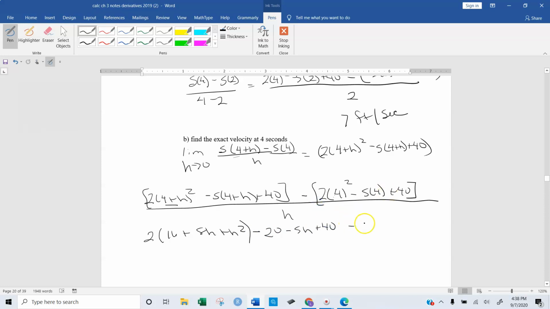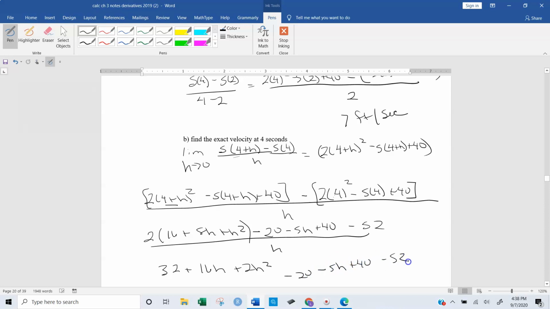This whole thing back here equals 52 all over h. Let's distribute our 2. And we have 32 plus 16h plus 2h squared minus 20 minus 5h plus 40 minus 52.